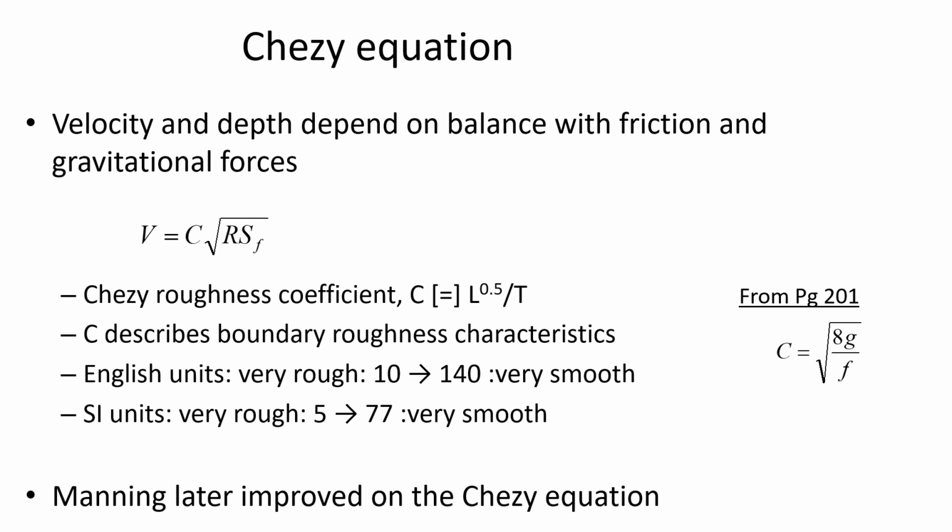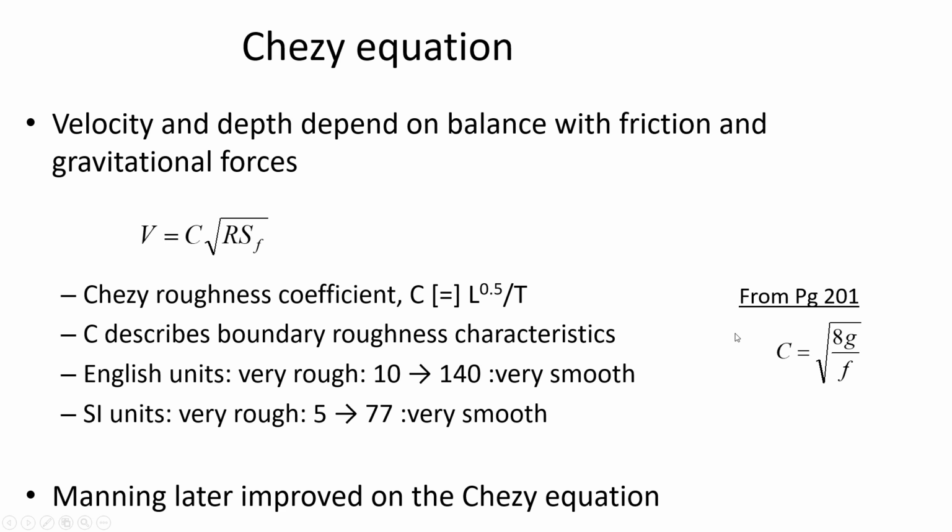So the Chezy equation evolved and was replaced by Manning's equation, which we'll talk about in detail, mostly in the second half of the class. But on page 201 of the book, there's just the observation that you can relate the Chezy friction factor C with the Darcy-Weisbach friction factor F using this formula.